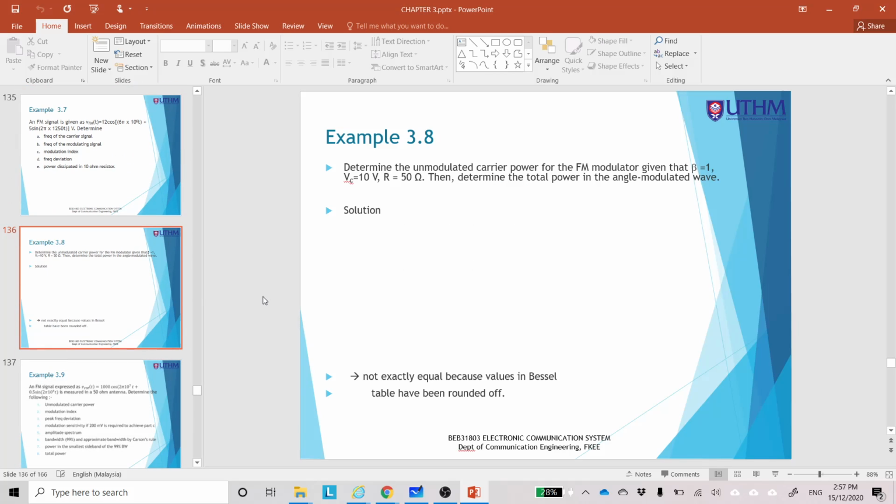Okay, seterusnya adalah determine the unmodulated carrier power for FM modulator given that the beta equal to 1, VC equal to 10, R 50, then determine the total power in the angle modulated wave. Ni macam mana? So itulah okay. The total power adalah bersamaan dengan VC.